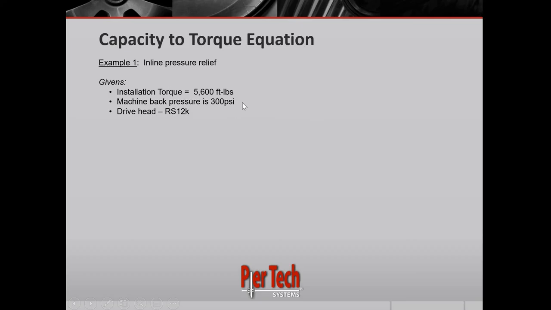This 300 psi may or may not be what your specific machine will end up having, but I'm giving you this as an example. It'll be somewhere in the 50 psi to maybe 500-600 psi range. The questions I'm asking are: what is the differential pressure, and what should the forward pressure gauge be reading on your inline pressure relief?